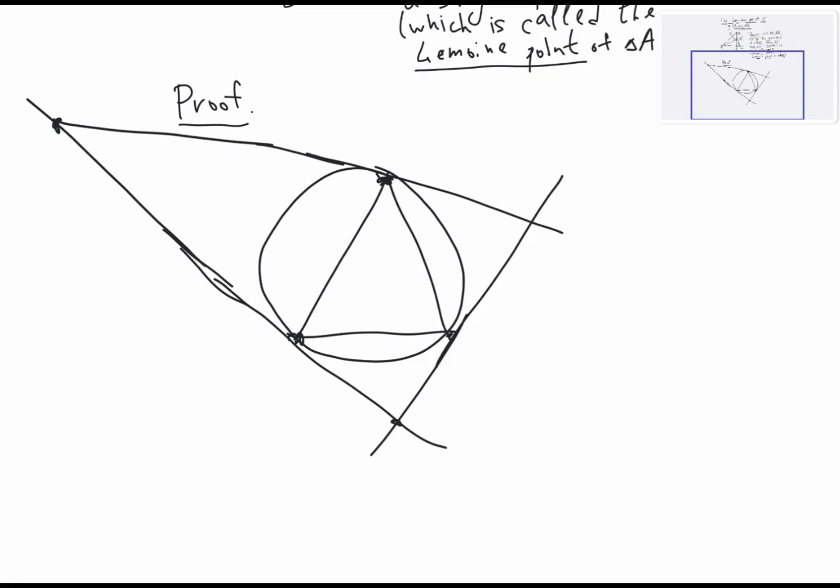This large triangle is called the tangential triangle of the triangle ABC.